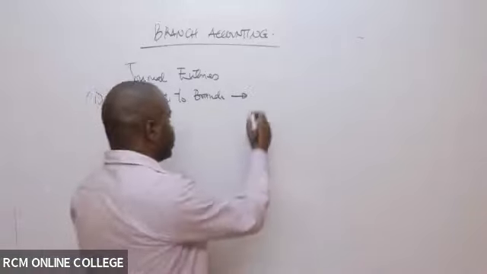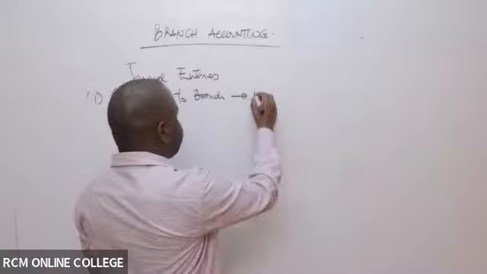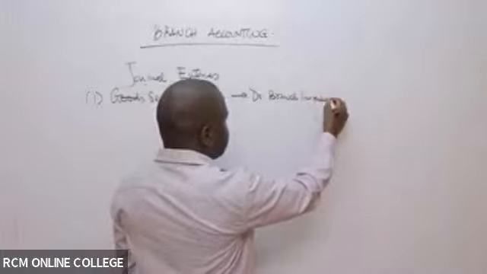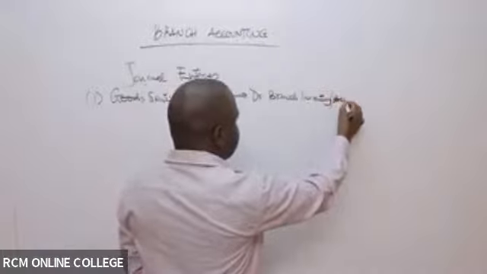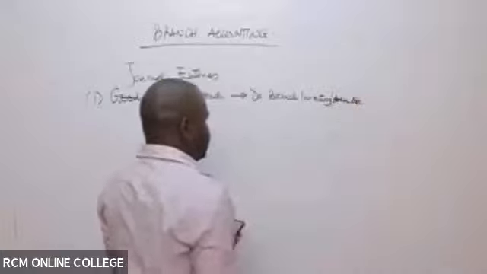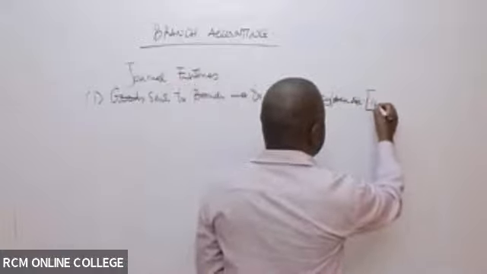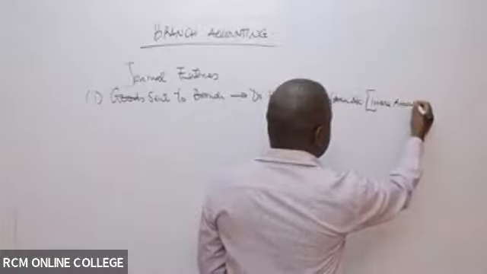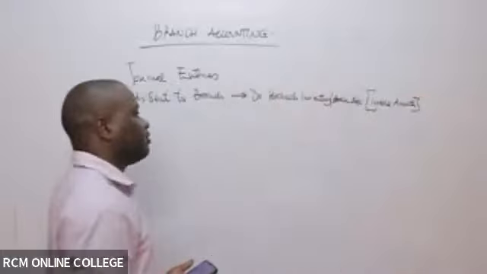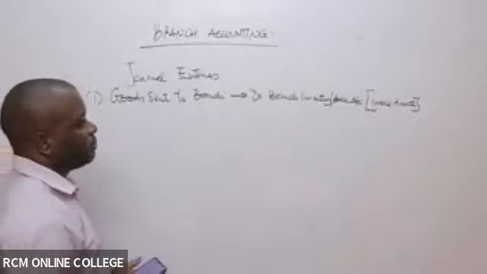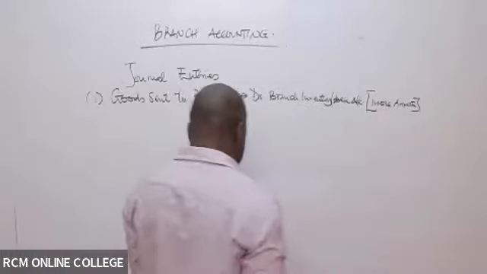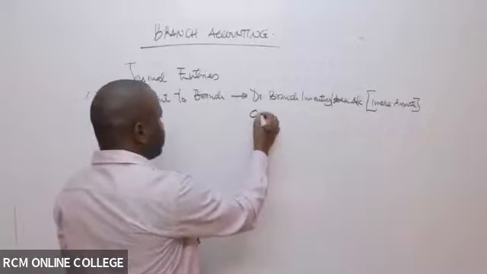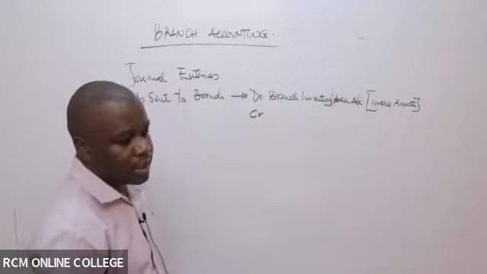In this case, you debit the branch inventory account, which we can also call the stock account, with the invoice amount, that is, the invoice that came from the head office. Then you credit the markup account that you'll end up having to create.